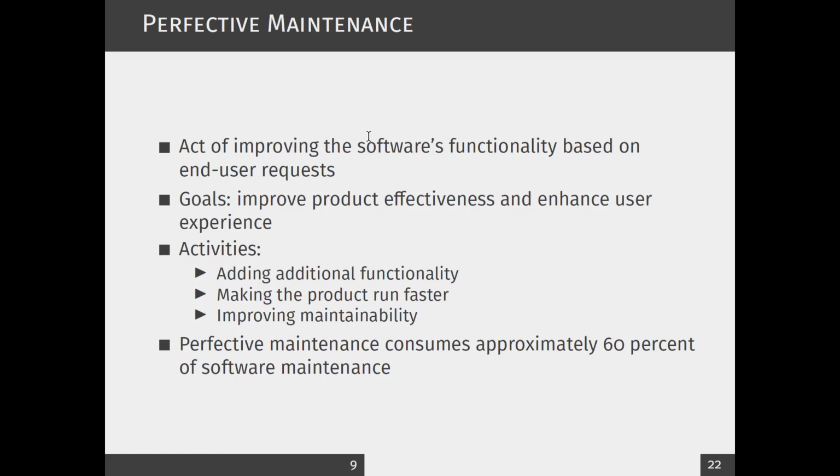During perfective maintenance, you can add additional functionality based on user request, or you can improve the product itself. For example, you can make the product run faster based on the response time, or you can improve the maintainability of the software. Usually they say about 60% of maintenance time goes to perfective maintenance.